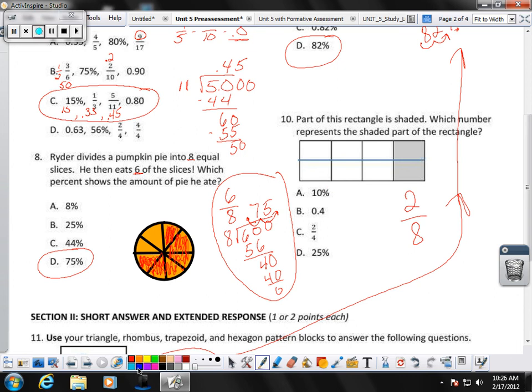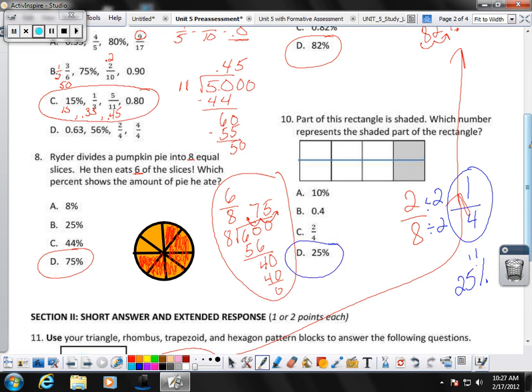Well, then I would look at this and say, can I reduce 2/8 by dividing it by 2 and dividing it by 2? And I get 2 divided by 2 is 1, 8 divided by 2 is 4. Now I get 1/4. Is there any of these numbers that represents 1/4? Well, I know that 1/4 is the same thing as 25%. So there is my answer.